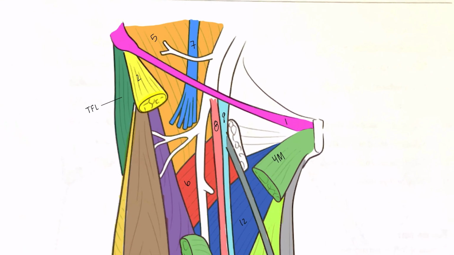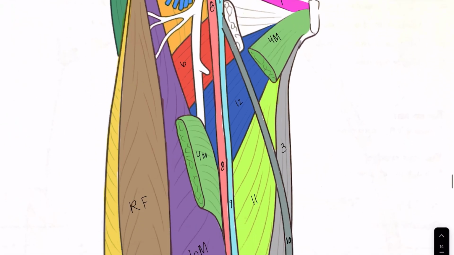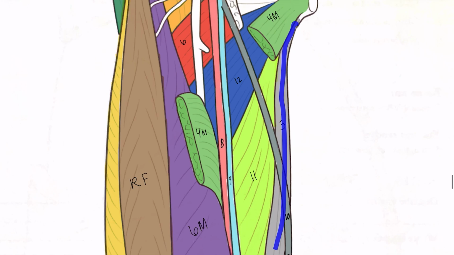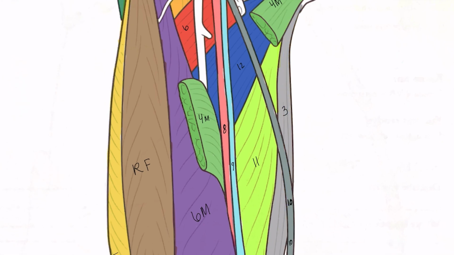So number three, this is our gracilis muscle. Hopefully you watched my last video talking about the muscles of the leg, just so you can understand this. This is gracilis.